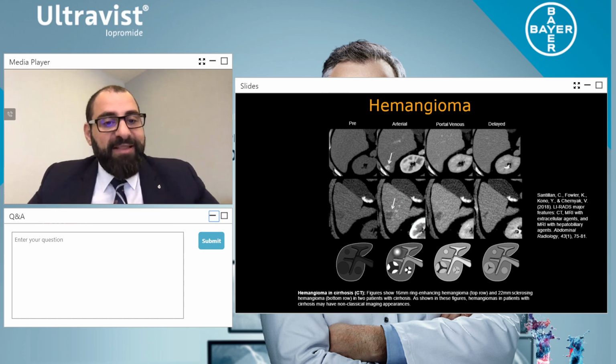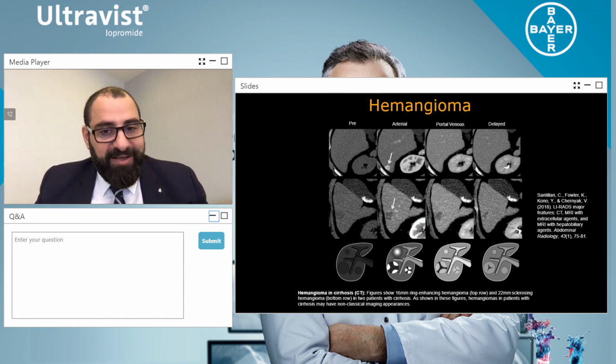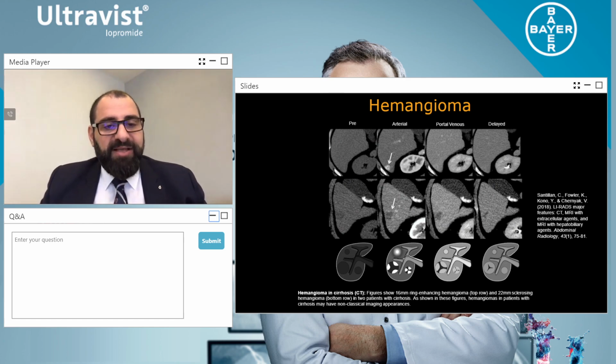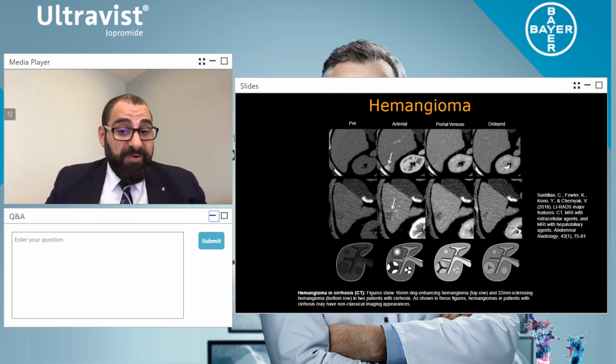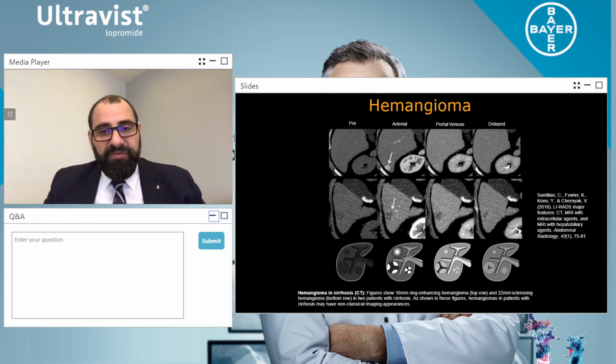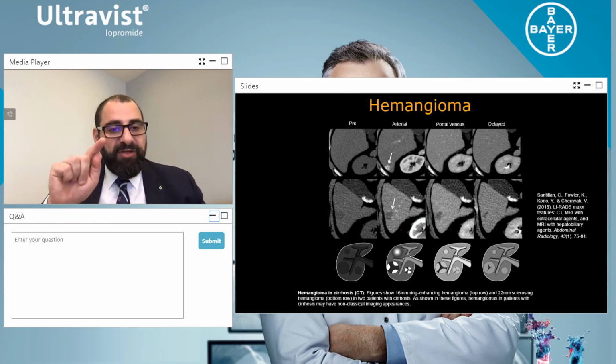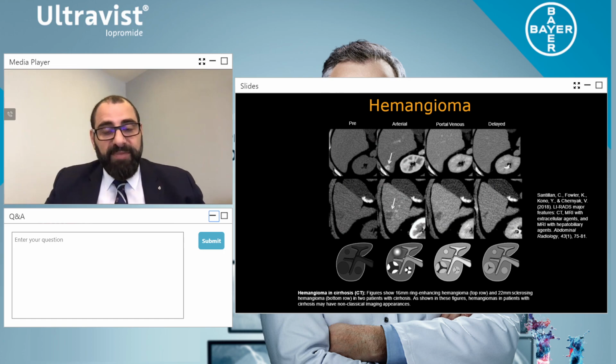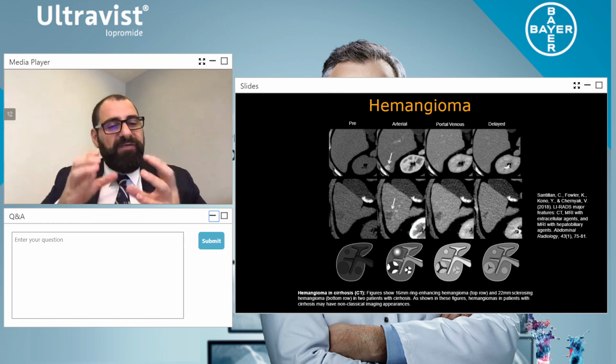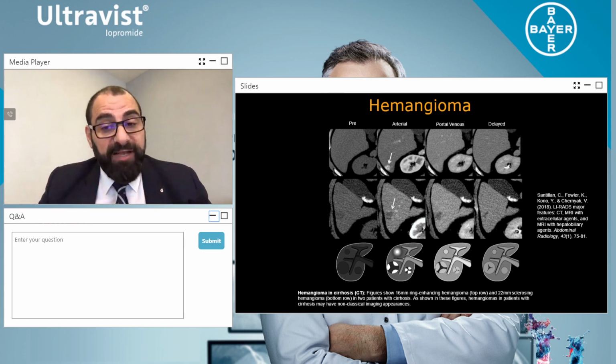If I look at the second line, in the pre-contrast phase, and remember there is high noise here, and this is a large patient, there is a hypoattenuating mass relative to the liver parenchyma. In the arterial phase, I can see little enhancement bodies all the way around the liver lesion. In the venous phase, the structure of the liver has started to change, but it hasn't filled in.